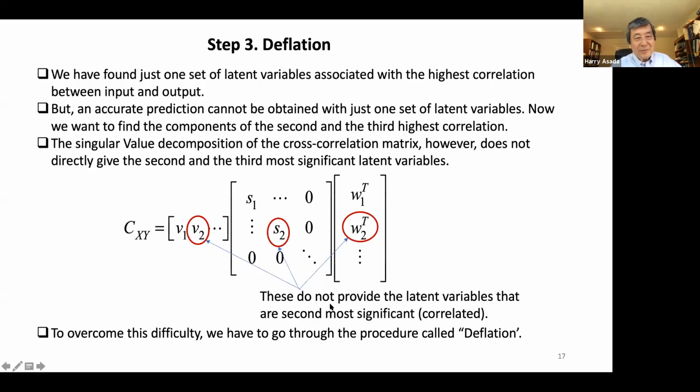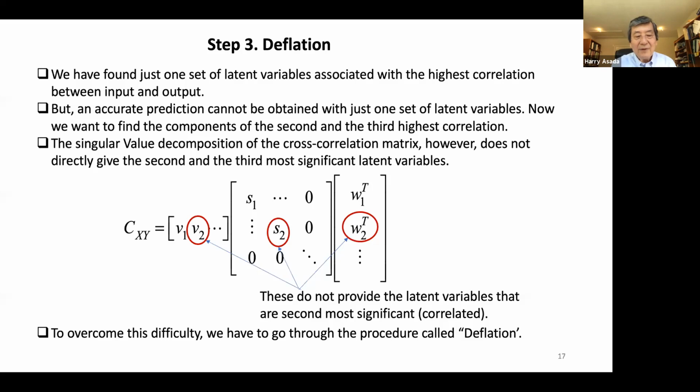Unfortunately, if you just go to the singular value decomposition, you see that number 2 is already there: v2, s2, w2. But it turns out this set of variables is not the second most effective, most correlated set of latent variables.